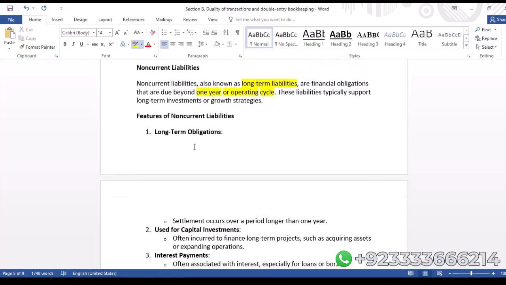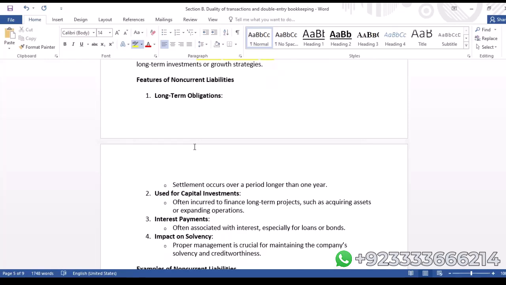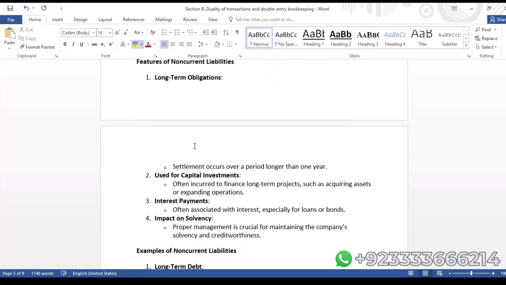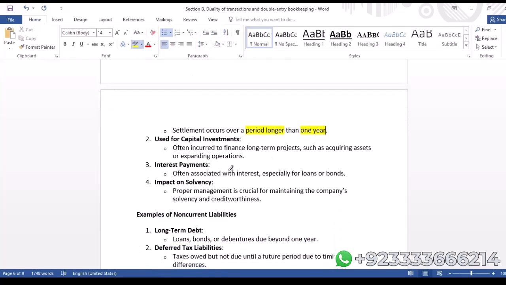Features of long-term non-current liabilities, we could say, is long-term obligation. We settle the liability over more than a period, more than 1 year, which is typically because the amount is so huge, it is impossible for a business to pay it in 1 year or completely move off the burden from us within a year. Then, used for capital investments.